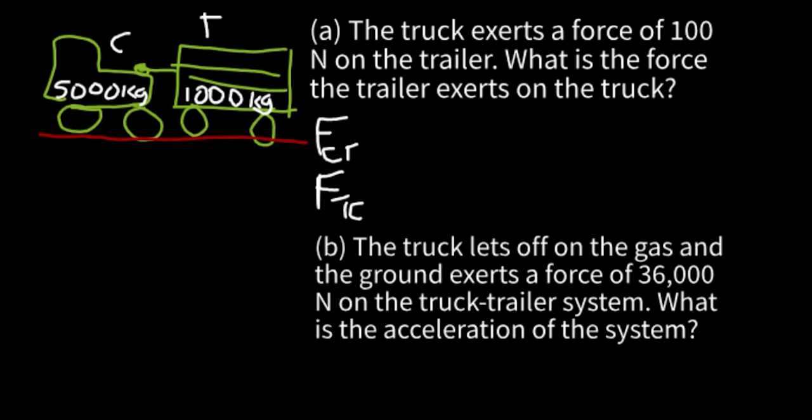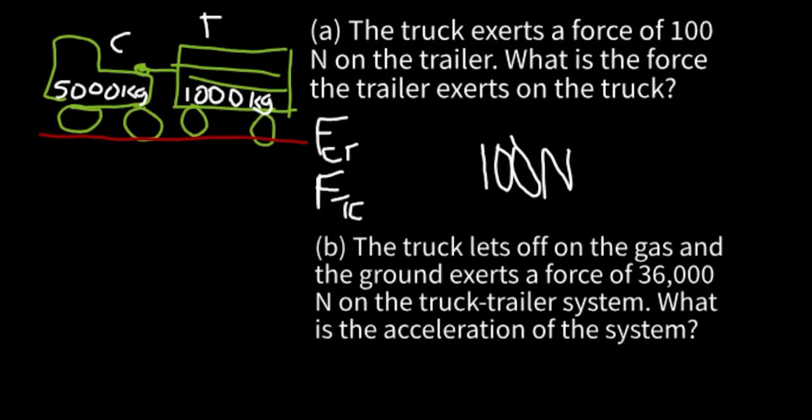Notice that the variables in the subscripts are reversed. So that means we've got a Newton's third law force pair, or you could say, carefully, an action-reaction pair. So if F sub CT is 100, then F sub TC is also 100 newtons. They both exert forces of 100 newtons on each other.